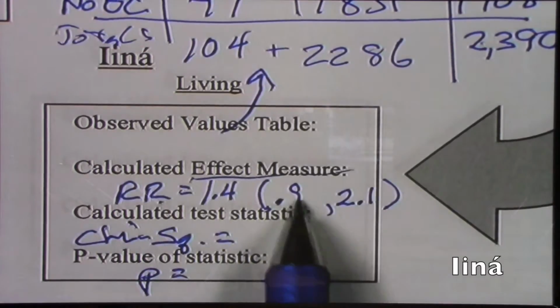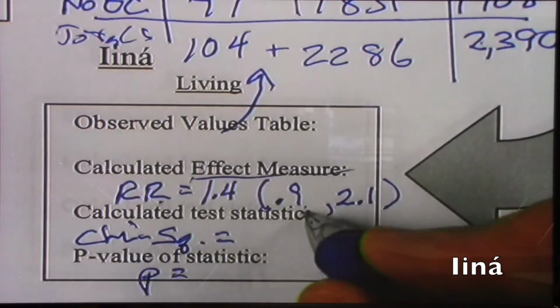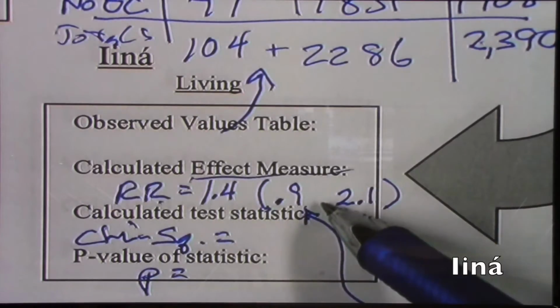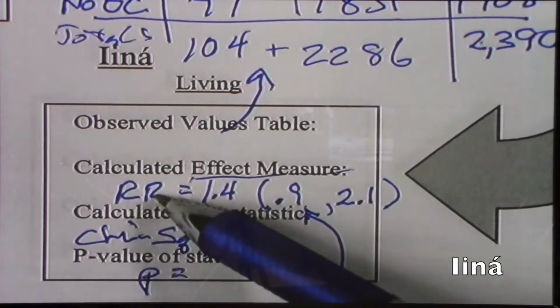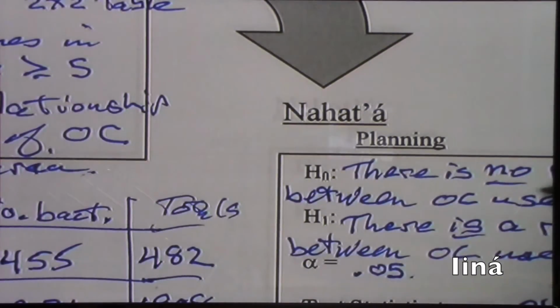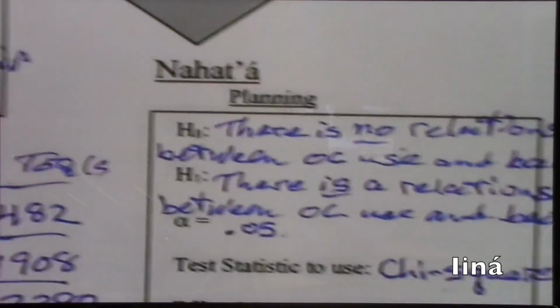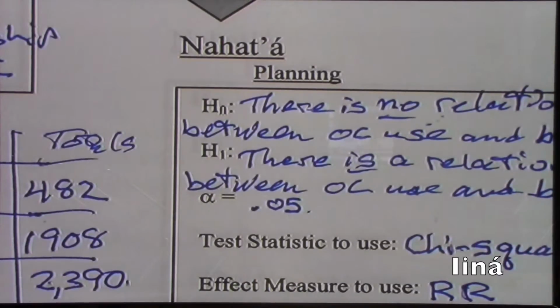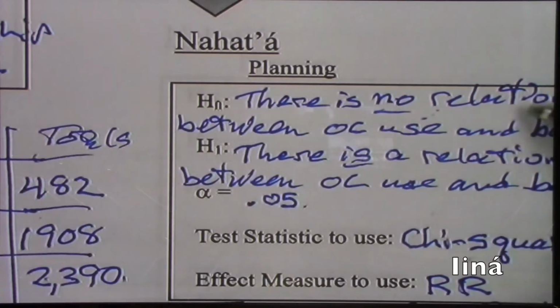This tells you that we're 95% confident that the real risk ratio in the population is between 0.9 and 2.1. This is trouble, all right? You should already notice this is a problem because this is less than 1. Remember that if the risk ratio is 1, that means there's no relationship, which basically is what the null hypothesis says. So we can't be 95% sure that it's not 1 or somewhere even less than 1, meaning there's no relationship.